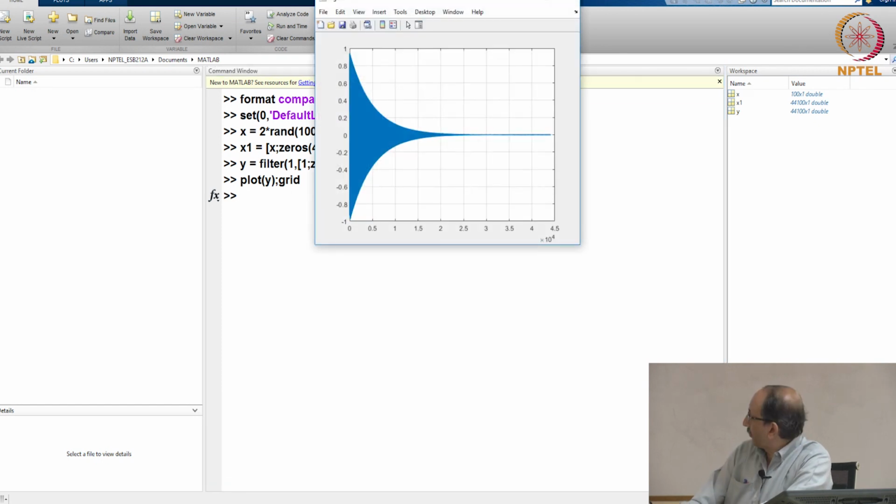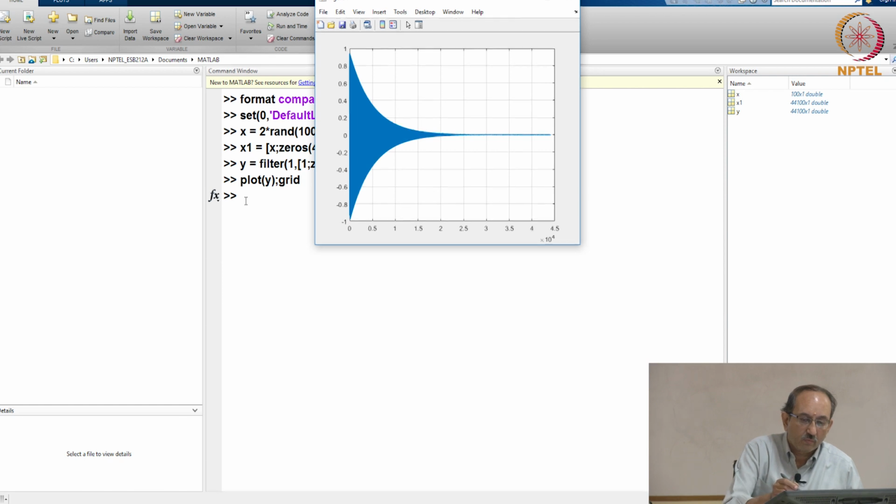So this is how it looks. This is the output of the difference equation, with the first 100 samples being random between -1 to +1, and then the rest are all zeros, and this input has been fed to this system with these coefficients.